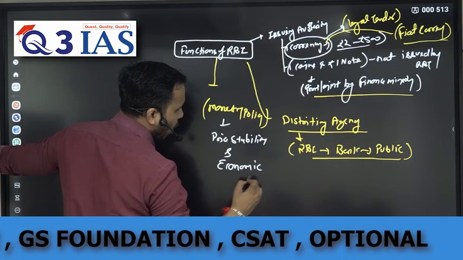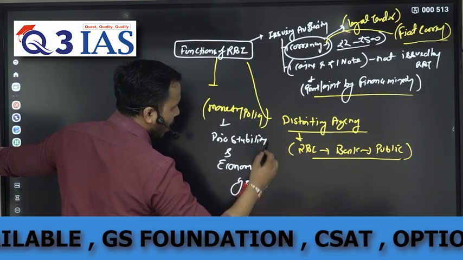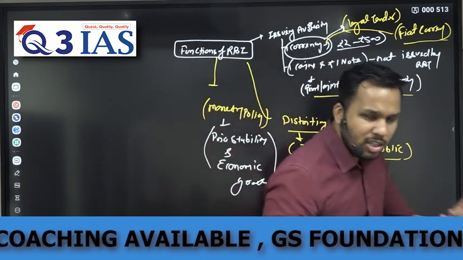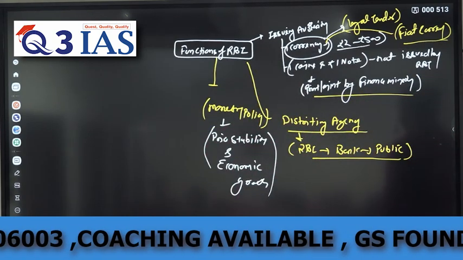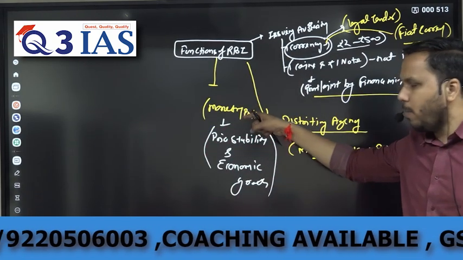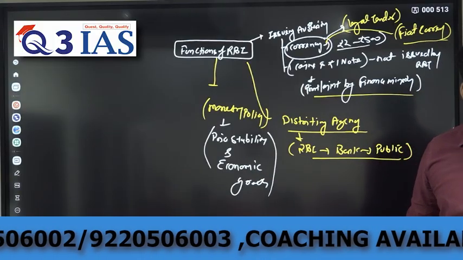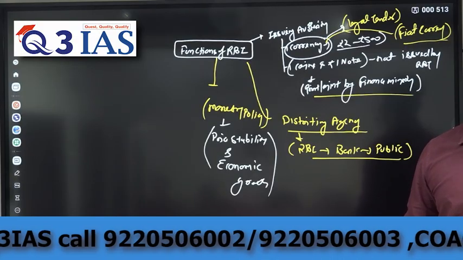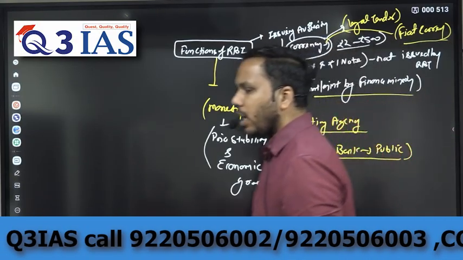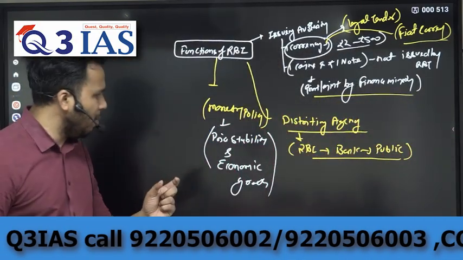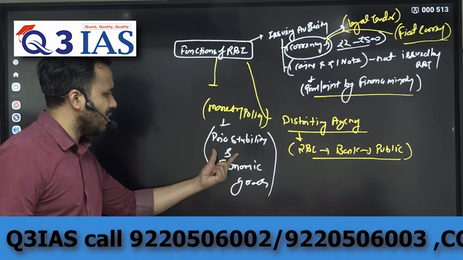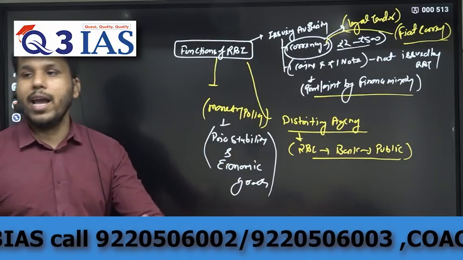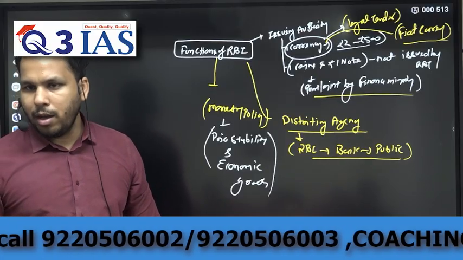The policy is prepared by the Monetary Policy Committee, and whatever recommendations the committee provides are applied and executed by the RBI to ensure price stability. Price stability means they want to control inflation.